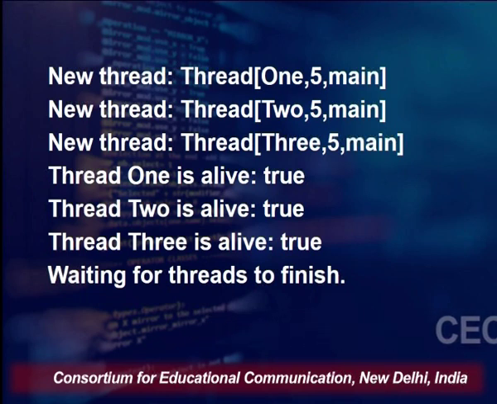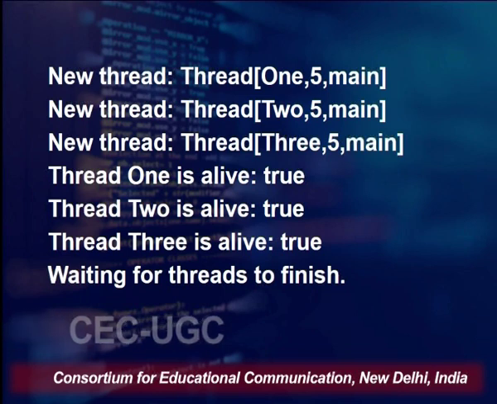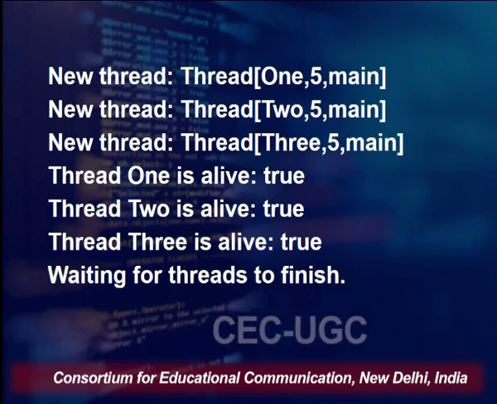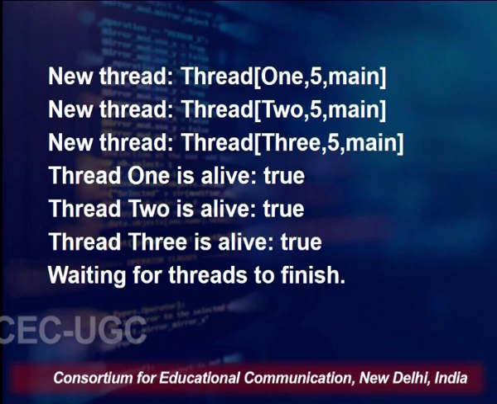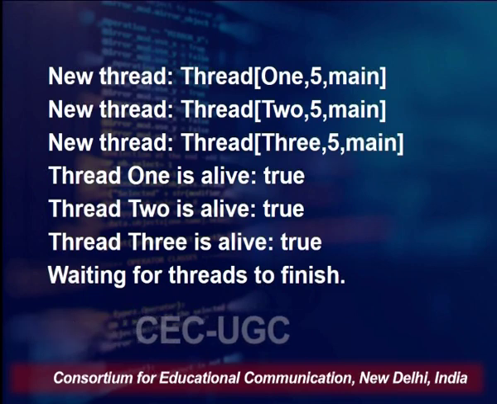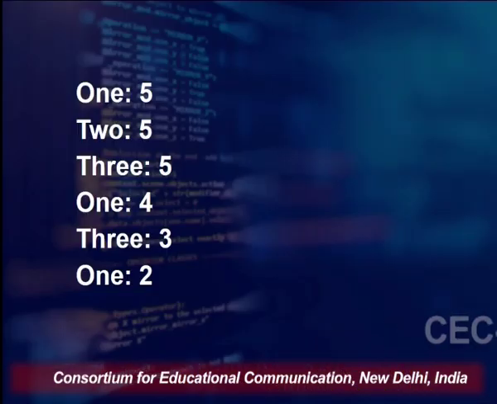The name of the thread, then 5 is the priority number, and then the parent thread. The parent thread is the main thread through which these threads have been created. So we have 1, then 5, then main.